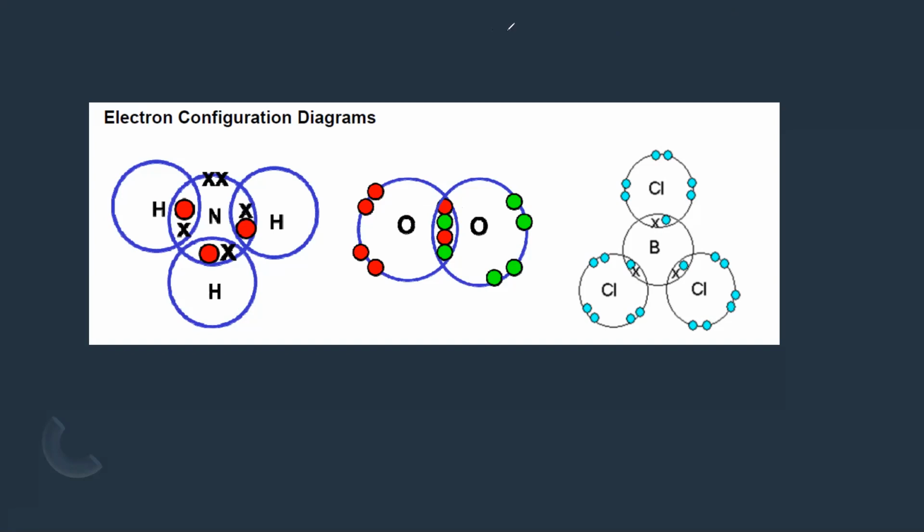So for example, say ammonia. In ammonia, nitrogen forms a single bond with hydrogen, and there is a lone pair.